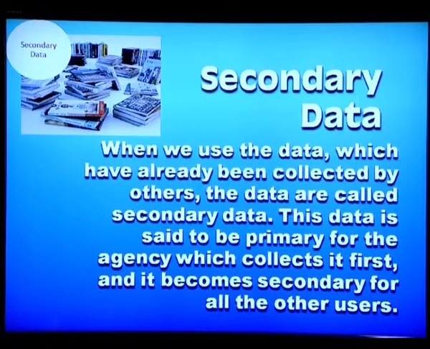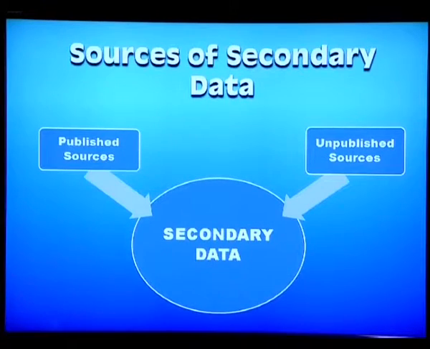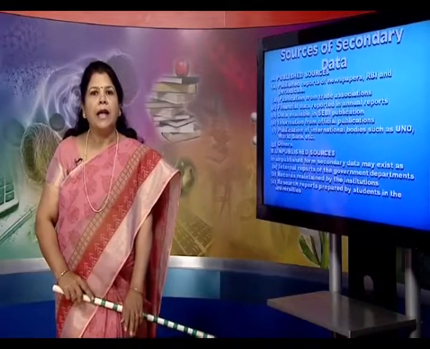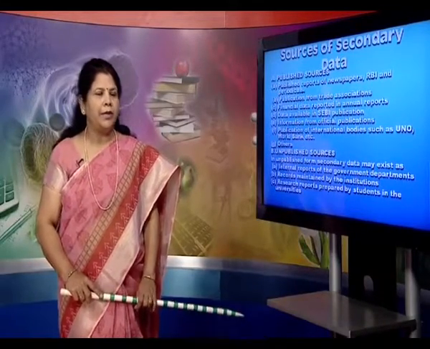Let us understand about secondary data. As we can see, secondary data comes from either published sources or unpublished sources. Published sources are ones that may be available as different publications.